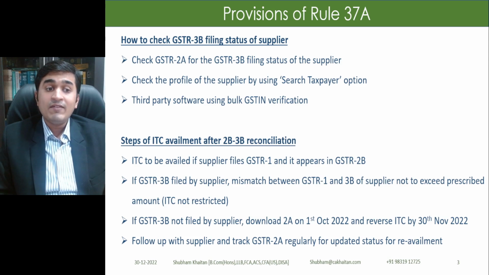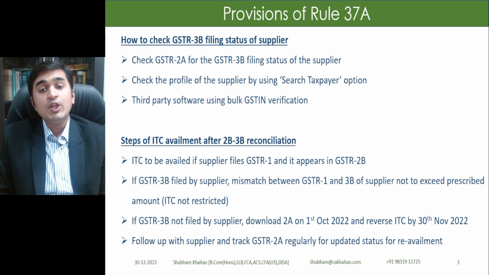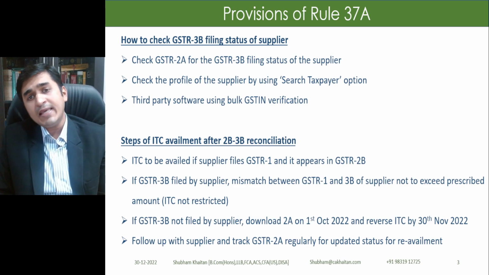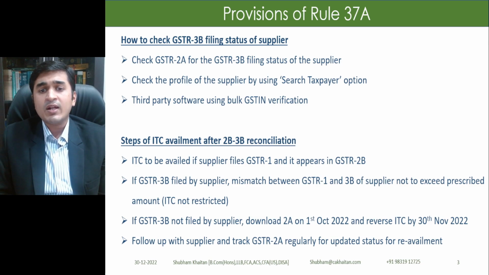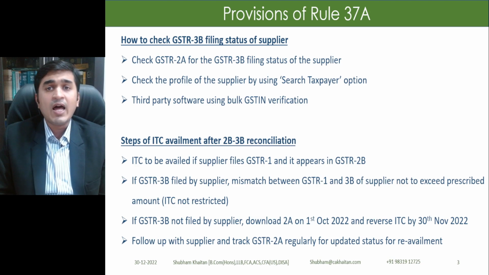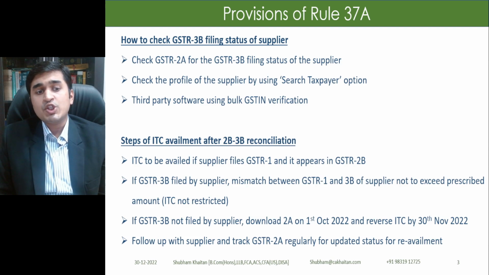So this is again a very important issue, that the supplier cannot simply furnish his 3B by not making the payment of taxes. Further to this, Rule 88C has also been prescribed, where the amount can be directly recovered from the supplier, and for the recipient, the ITC may be denied if there is a discrepancy beyond the prescribed percentage between 1 and 3B, right?